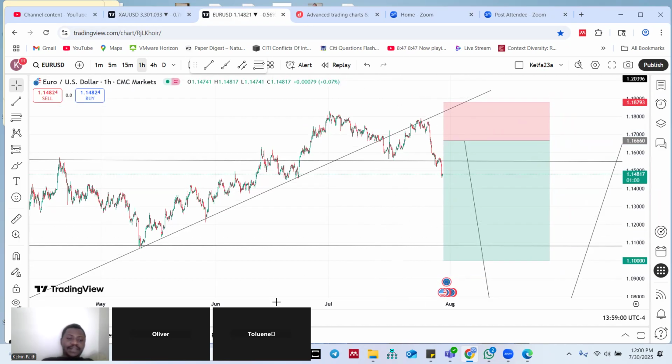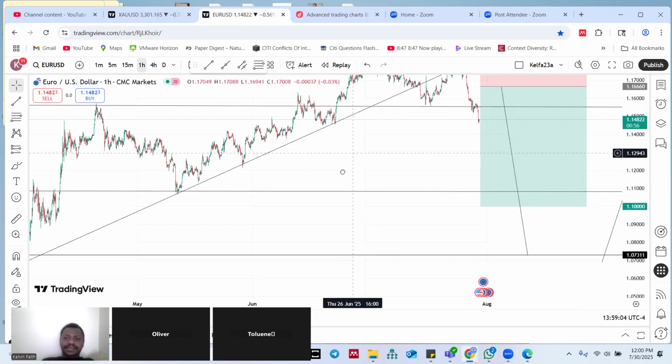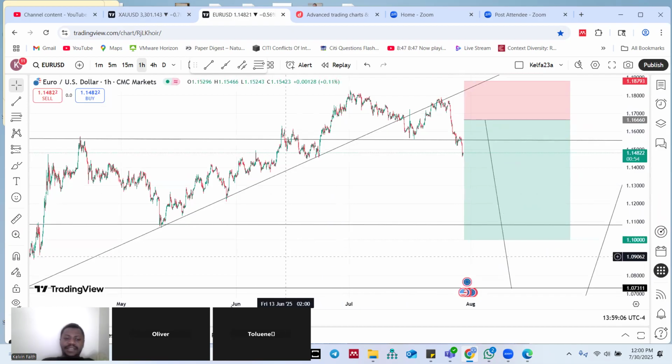Tolu, any reaction from your side? Any reaction, Oliver? I believe the entry for this, I'm cool. You said what? Can you take the horizontal line? In my own suggestion, I want to do from this.